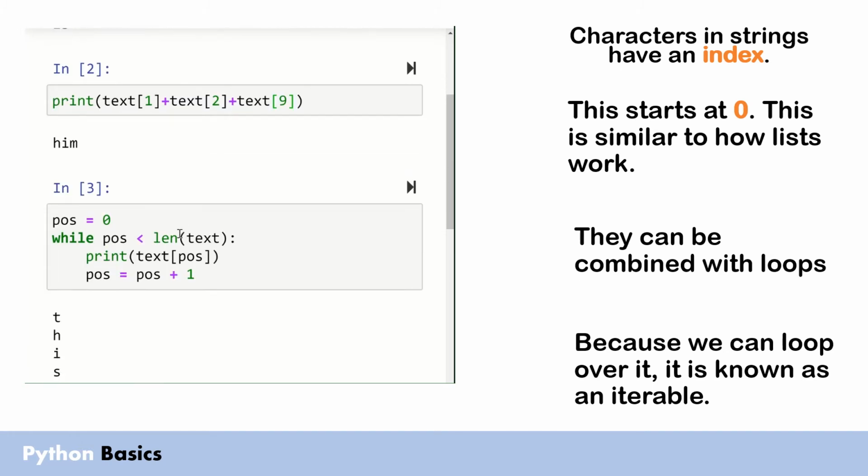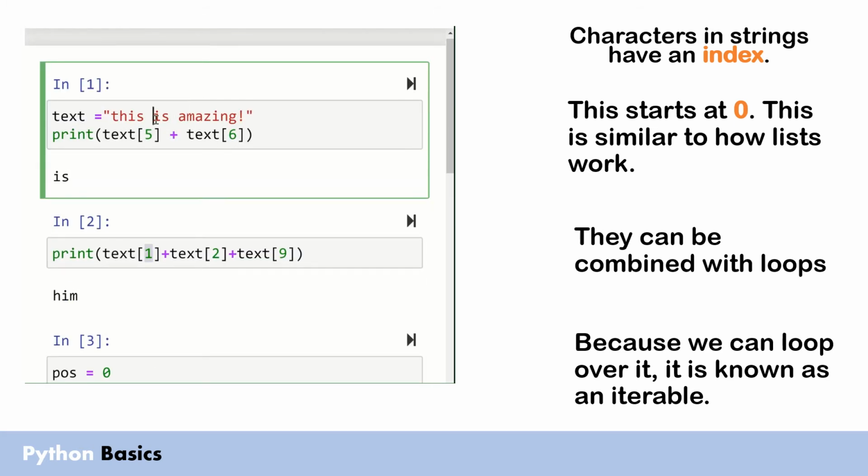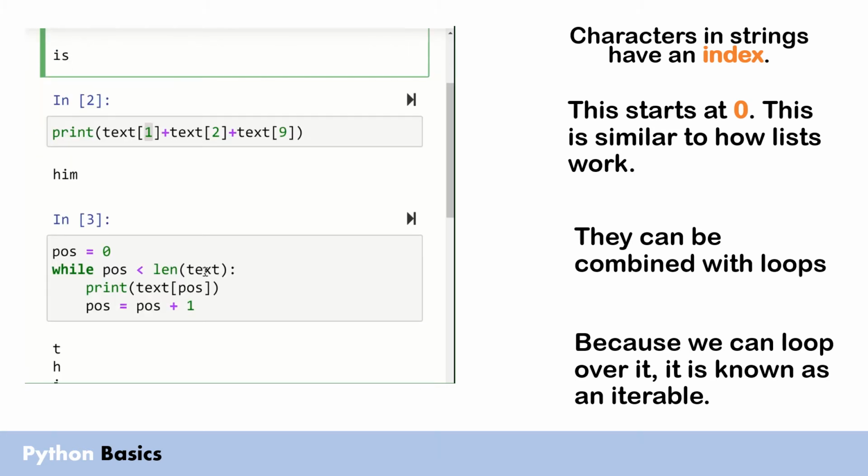So why is that happening? Well, as we know, if I use these square brackets and put a number in there, an integer, that's going to get me the letter at that position. Like I did with him, position 1 was the H, position 2 was the I, and so on and so forth.